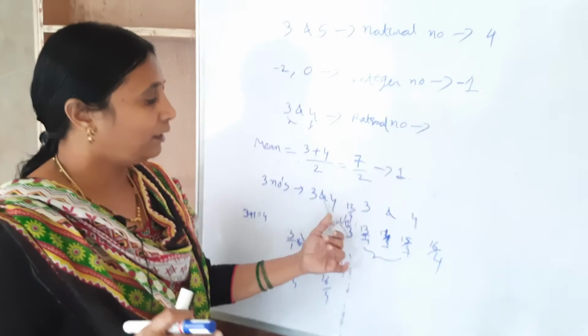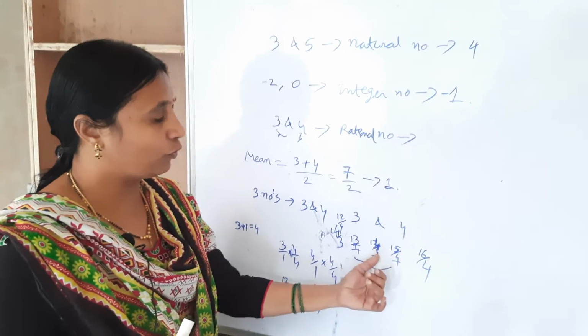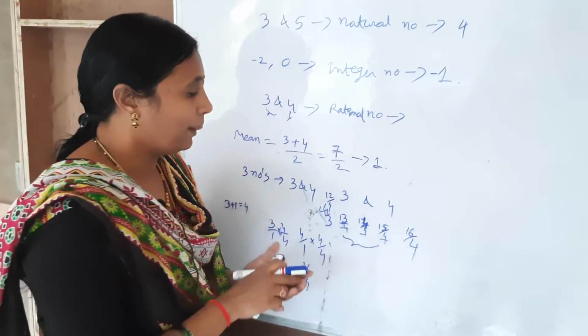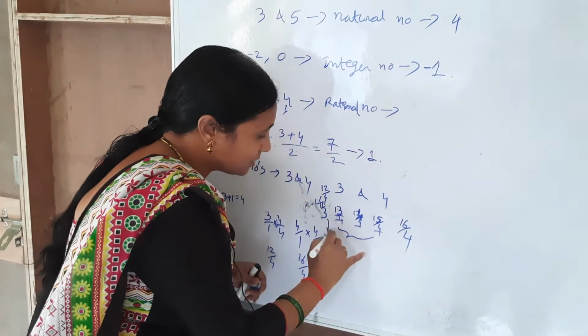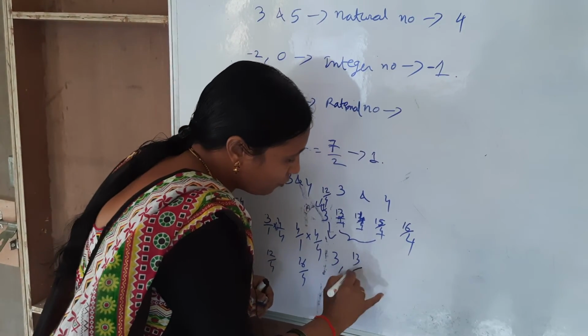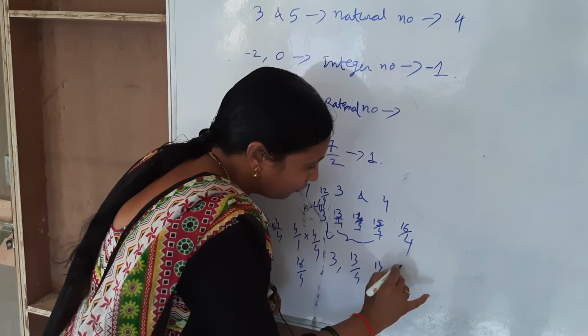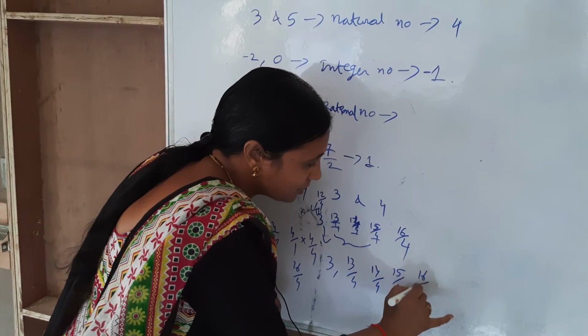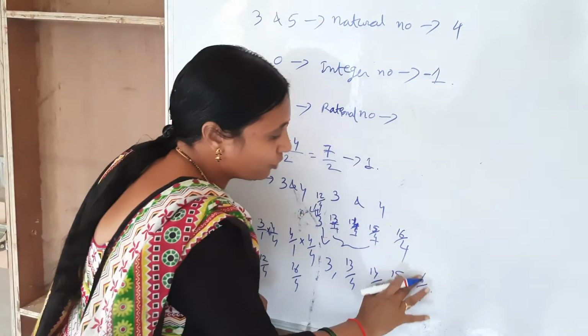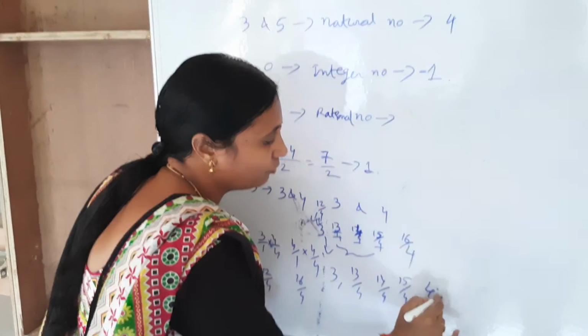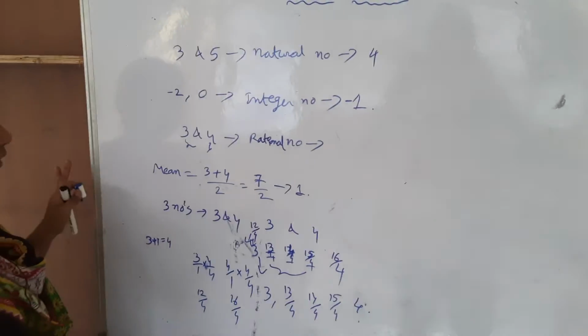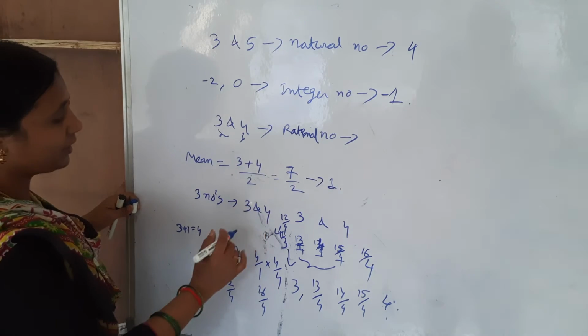The numbers are 12 by 4, 13 by 4, 14 by 4, 15 by 4, 16 by 4. 12 by 4 is nothing but 3, and 16 by 4 is nothing but 4. Here the denominators are the same.